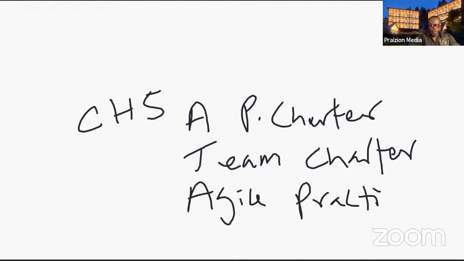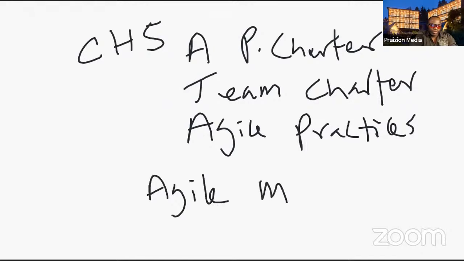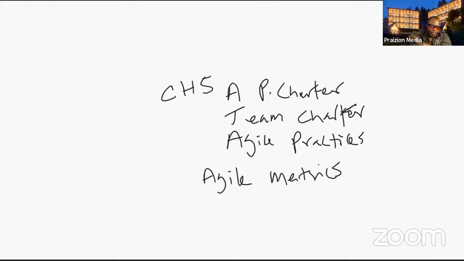You do know that the PMI has their own slant to Agile practices. That's another chapter you need to look out for. Something else that's talked about in chapter 5 is the concept of Agile metrics. Burn up charts, burn down charts, feature charts, and things like that. All right, I hope you're getting the idea.